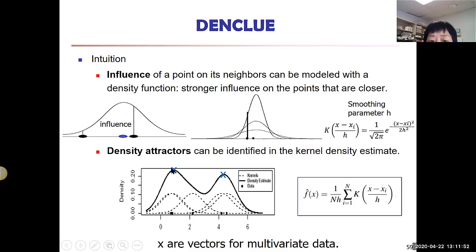We already observed that after all those kernel curves are accumulated, we're going to see higher peaks and lower peaks, and some of the peaks are going to end up being density attractors. Here we're using x as one variable to illustrate the idea. It's very easy to see, and x certainly can be vectors when you have multivariate data, and the formula for multivariate data is just adding a vector sign on top of those x's.